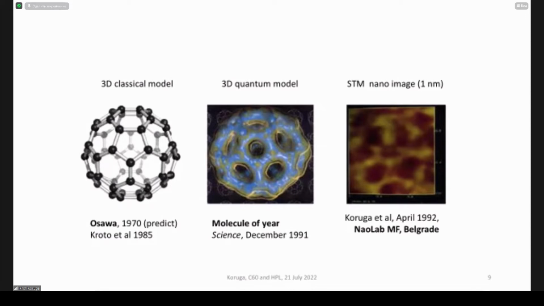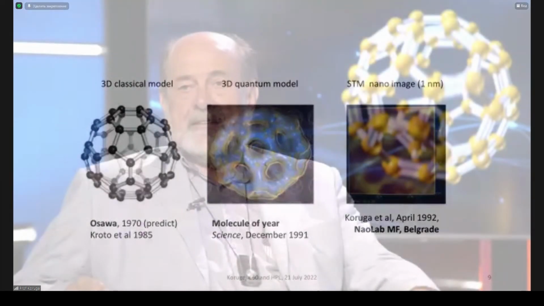in 1999, and as you can see, on the left is the stick model of that molecule. In the middle is the image of the quantum state of that molecule, and on the right is the STM, scanning tunneling microscopy, image of that molecule.